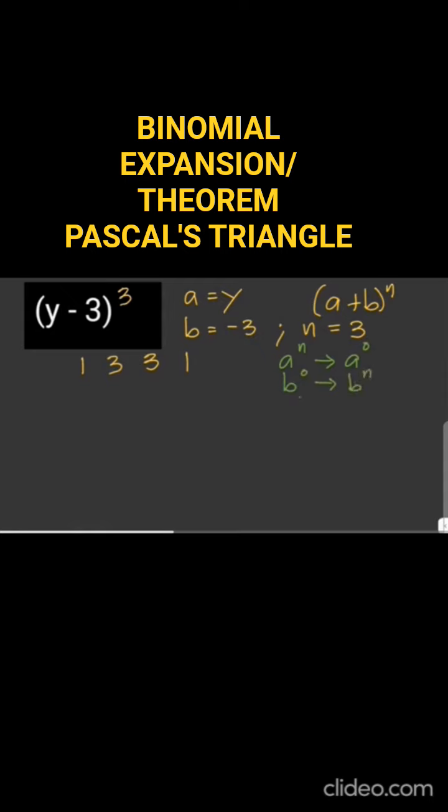So that would mean, since our a is equal to y, y would be raised to the power of n, then it ends with y to 0, and then our b is negative 3 raised to the power of, our n here is 3, from 0 to 3, negative 3 cubed. Alright, so let's start expanding this.